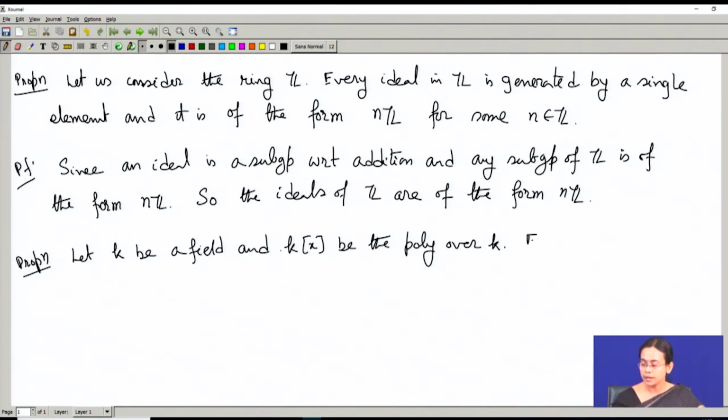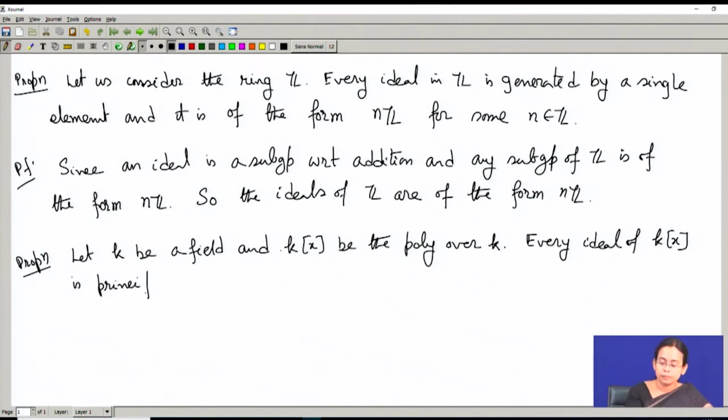So every ideal of K[x] is principal. This is the fact that I will be proving next. How do you prove that every ideal of K[x] is generated by a single element? Let us start with a proper ideal which is not the 0 ideal and not the whole ring, because we know the 0 ideal and the whole ring are generated by the 0 element and the multiplicative identity respectively. So they are in fact principal ideals.